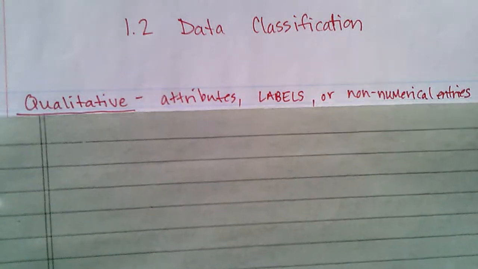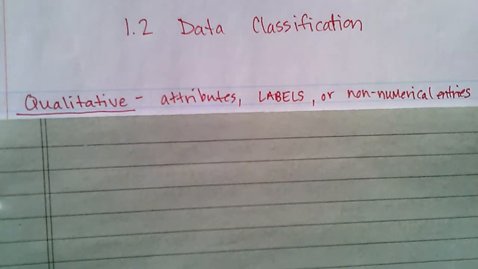So, data classification. There are two types of data that we're going to be talking about. One is called qualitative data, and that is data that involves attributes, labels, or non-numerical entries. So you might consider this like gender, hair color, eye color, political party, but also things that are numbers, although those numbers are just used as labels.